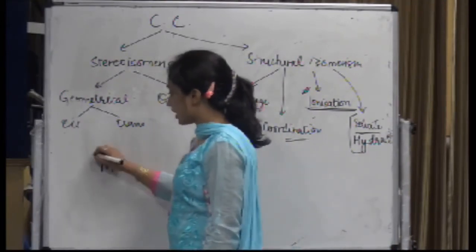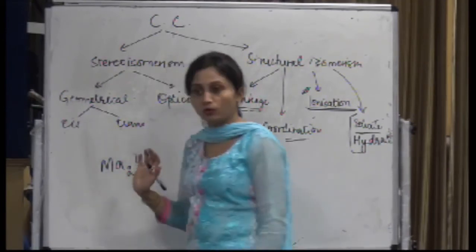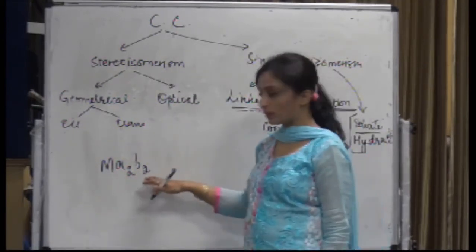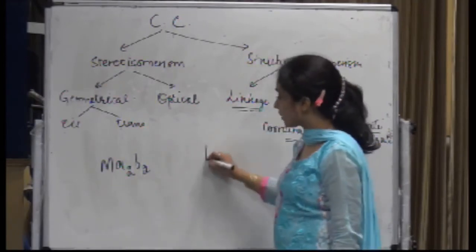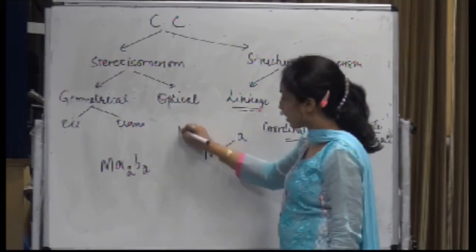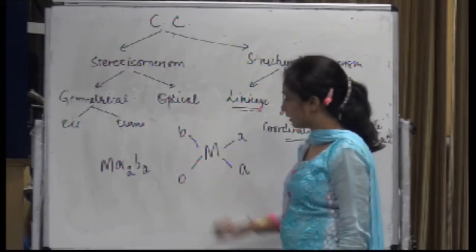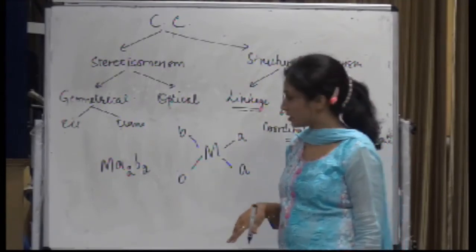Here you have M, और ये किस में possible है, जहाँ पे ligands मेरे A2 और B2 type में हो, दो एक type के, दो एक type के. It's possible there. If the shape is square planar, then you have MAA and you have BB. तो ये क्या है, because they are on the same side, so it is cis. Alright.